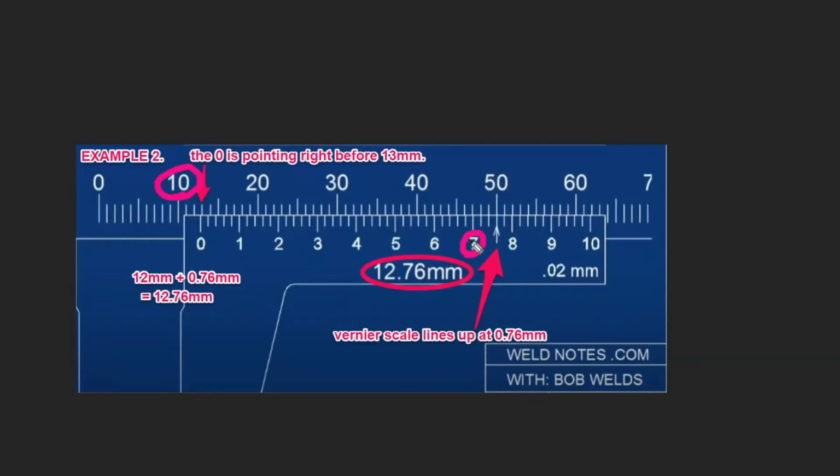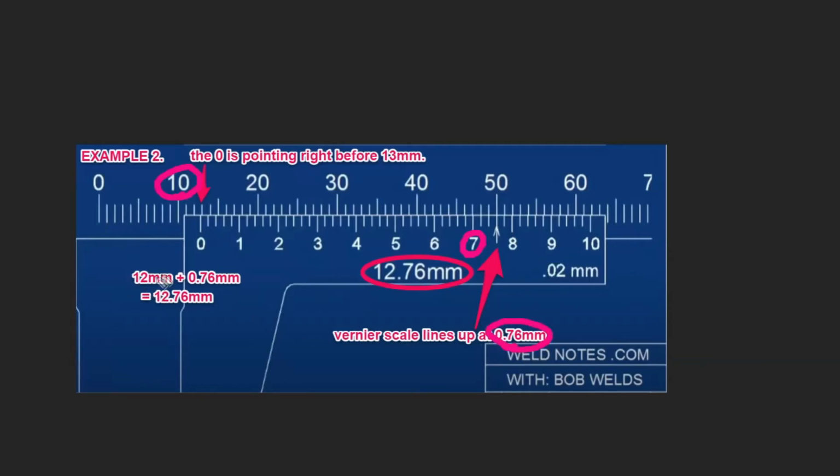If you remember from what we talked about before, each of these big lines represents 0.10 millimeters. So this will represent 0.70 millimeters, right? Similarly, each little line is 0.02 millimeters, so this will be 0.72 millimeters, this will be 0.74 millimeters, and finally we'll have 0.76 millimeters. And that will be the reading on the vernier scale, which we wrote right here, right?